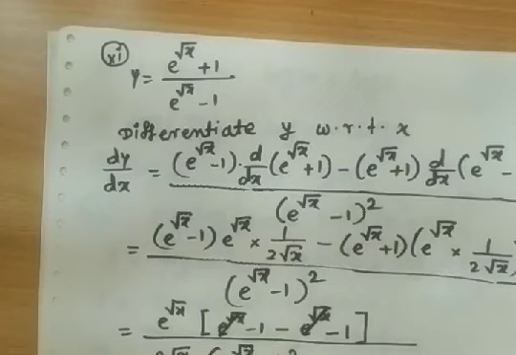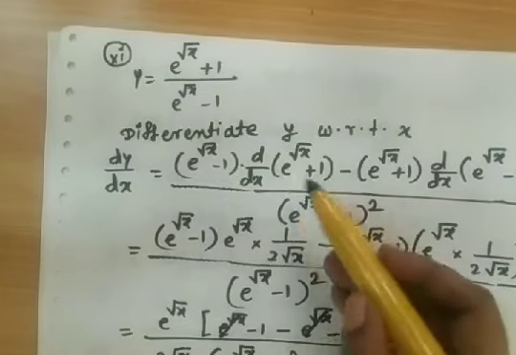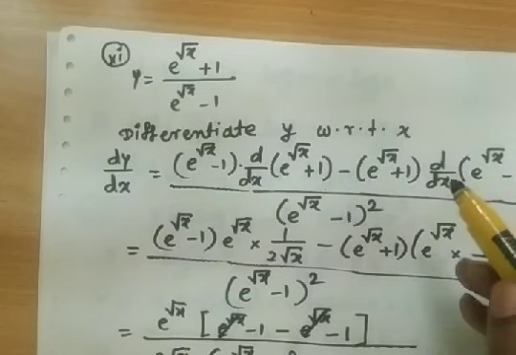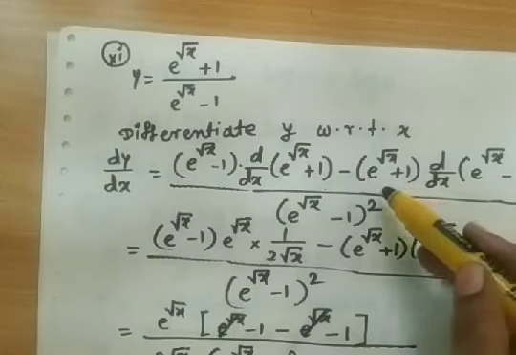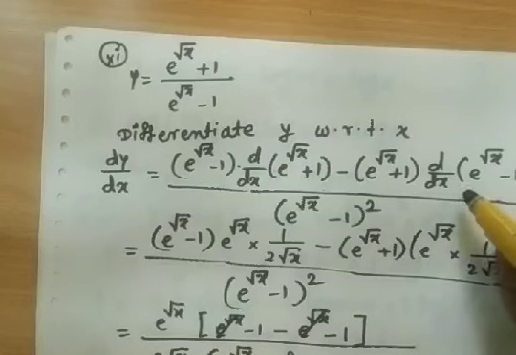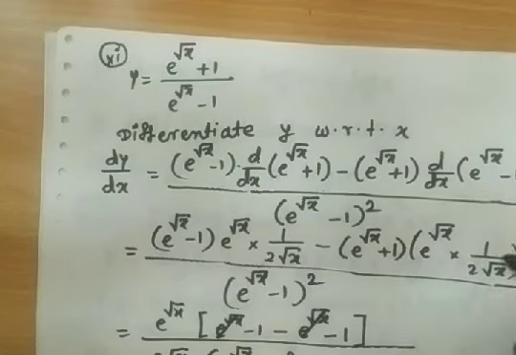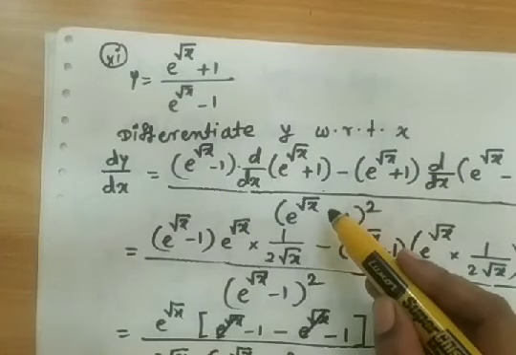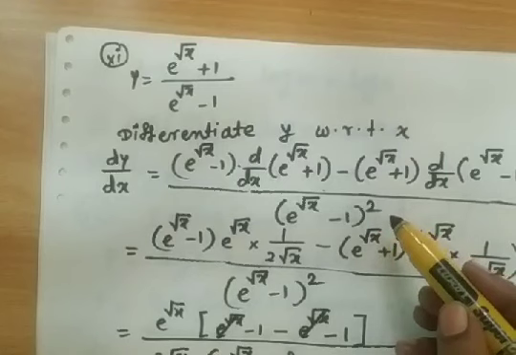Then the denominator e raised to root of x minus 1 keep as it is and take the derivative of the numerator, that is e raised to root of x plus 1, minus keep the numerator e raised to root of x plus 1 as it is and take the derivative of the denominator e raised to root of x minus 1, and divided by v square. V means (e raised to root of x minus 1) whole square.